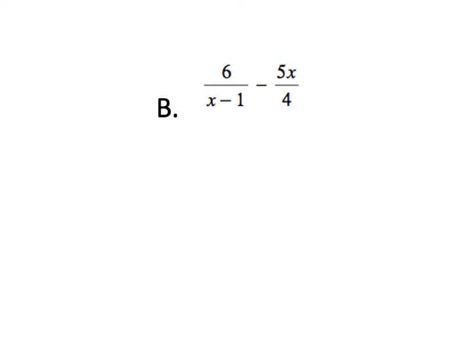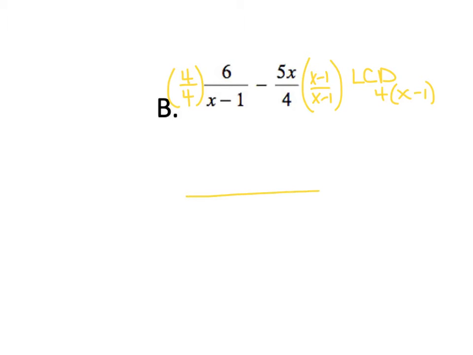In our second example, we're going to look for a common denominator first. So, my least common denominator here would just be the product of 4 and x minus 1, as there are no shared common factors. So this tells me that I need to multiply the first expression by 4 over 4, and the second expression by x minus 1 over x minus 1.